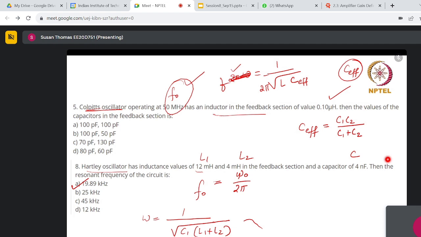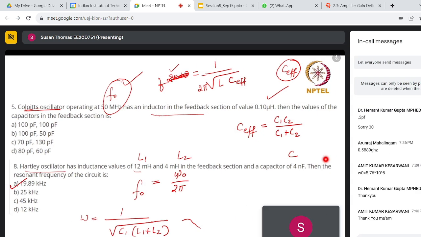I think there is a mistake. You feel there is a mistake in the problem numbers? My capacitance is coming 101.42 picofarad. Okay, just say that again. See, effective capacitance is 101.42. Okay, 101 picofarad. Yes, ma'am. Okay, anybody else with the answers?